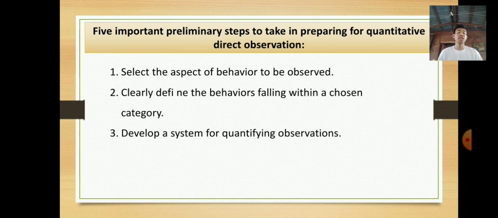So, pwede daw maging one incident or two incidents. Another suggested approach is dividing the observation into brief time segments and recording for each period, for example 10 seconds, whether the subject showed the behavior or not.